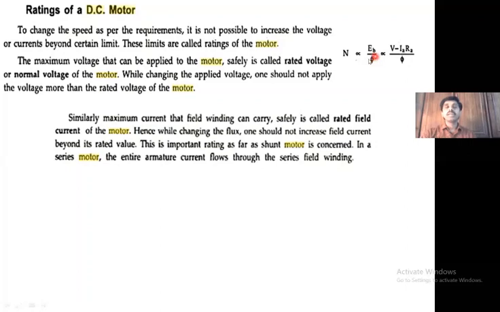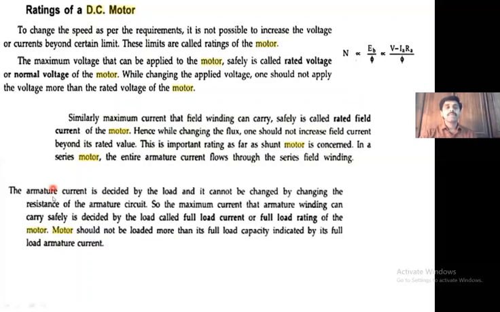So this is an important rating as far as the shunt motor is concerned. If you take the series motor, the entire armature current flows through the series field winding. So that's why in the shunt motor, if you want to change the flux to change the speed, we should focus on the rated field current.